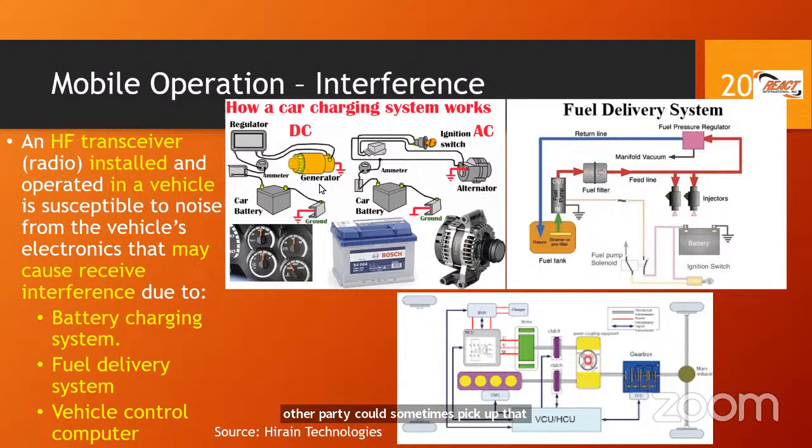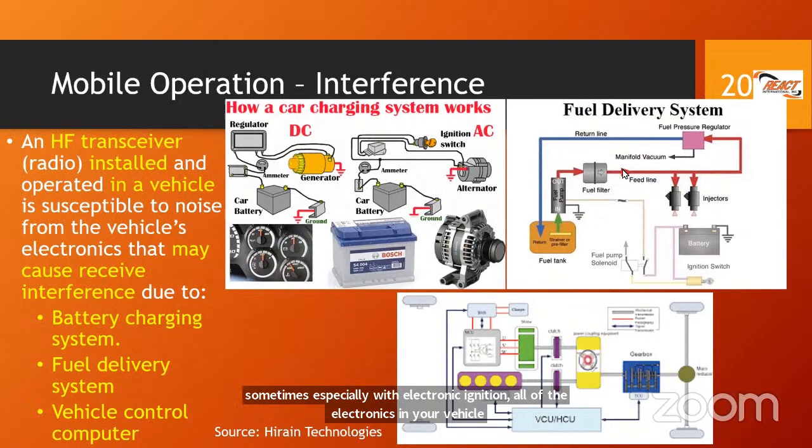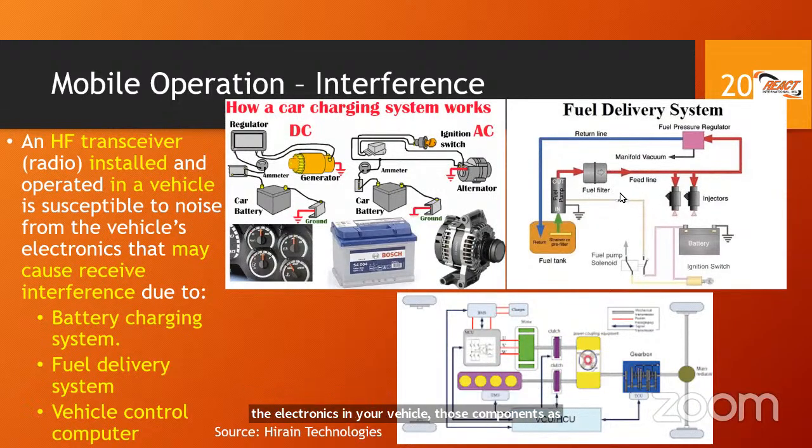So you need to be aware that's one of the sources of noise. Another source of noise, especially with electronic ignition, is all of the electronics in your vehicle, those components in the fuel delivery system, which can also lead to noises that will be heard when you are listening to a transmission, what we call receive interference.